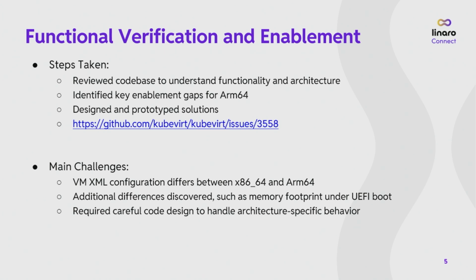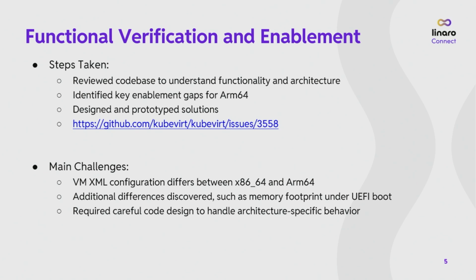So let's start with functional verification and enablement. When trying to enable a new project on ARM, the first thing is always to make sure the project functions correctly on ARM hardware. So usually we will review the code base to understand the functionality, the architecture, and the components of the project.